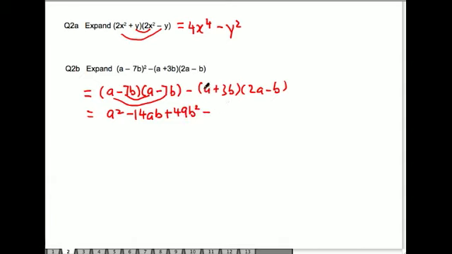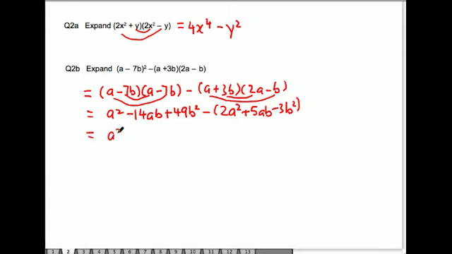In the second part, we must remember that we must enclose the result in brackets. a times 2a is 2a squared. 6ab minus ab is 5ab. And 3b times minus b is minus 3b squared.